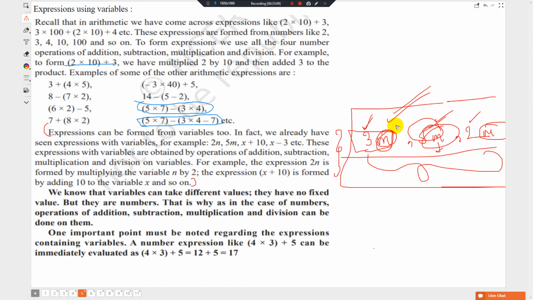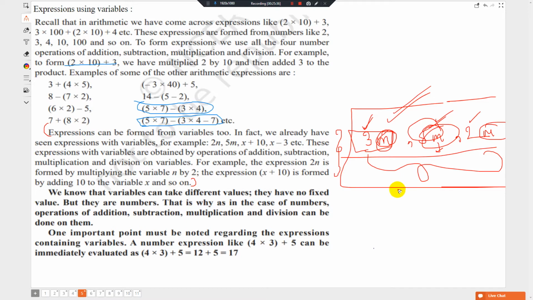Now, we have already learnt about them. Like in my properties of multiplication, we have seen things like 2 into n, 5 into m, right? Those are also called expressions. We have already learned about expressions in the second or third part.